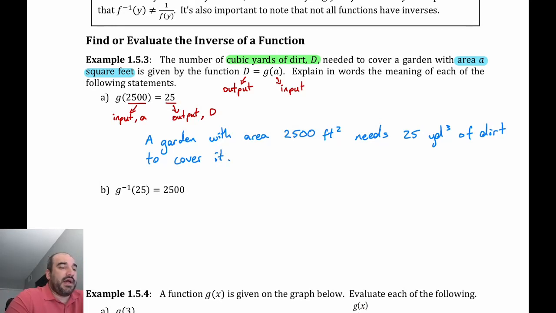Right, that's what G of 2,500 equals 25 represents. What is that 25? This is cubic yards, so yards cubed. Okay.